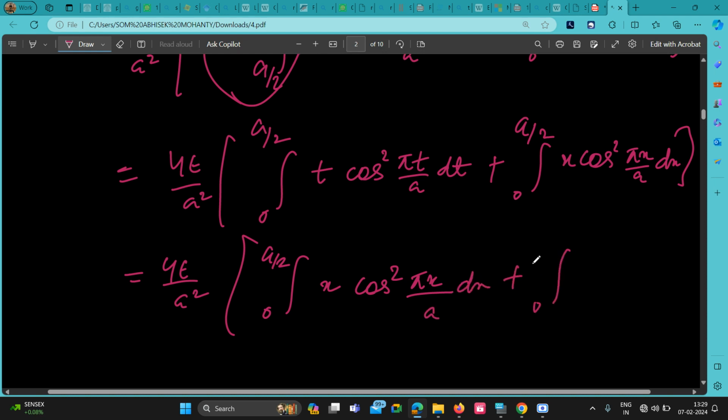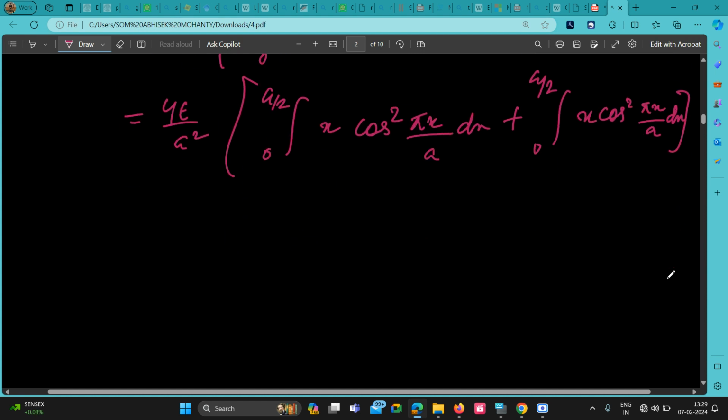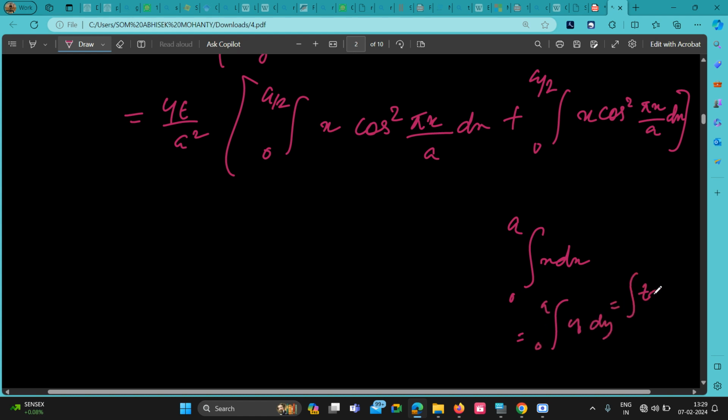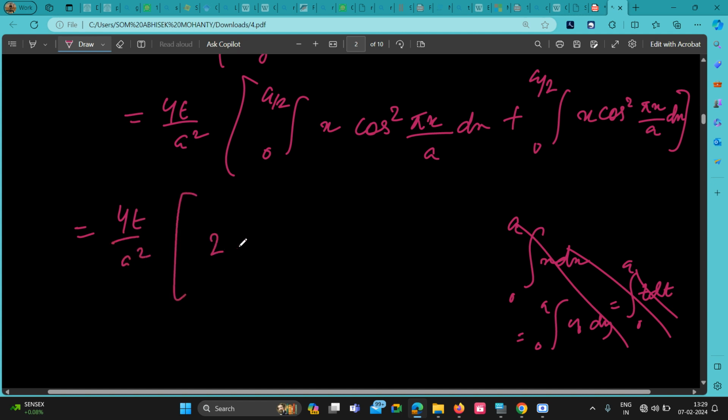The integral of x dx from 0 to anything is equal to the integral of y dy or t dt, so the same variables we can change inside. So these two are equal, so it is 4 epsilon by a square times the integral from 0 to a by 2 of x cos square pi x by a dx.